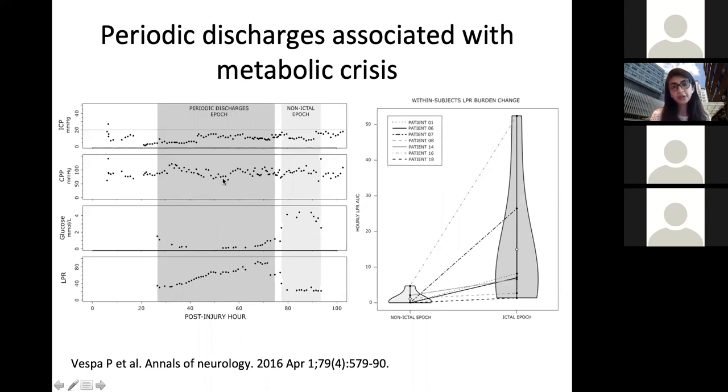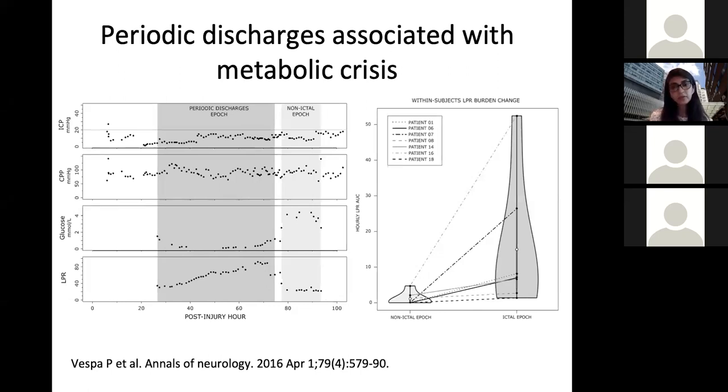What they found in this cohort of TBI patients is that during epochs where periodic discharges were noticed on the EEG, there was a drop in brain glucose and an increase in the brain lactate pyruvate ratio. And during non-ictal epochs, when there were no periodic discharges, there was an improvement in the brain glucose and a reduction in the brain lactate pyruvate ratio. So again, suggesting that there is some secondary brain injury, increased brain metabolism, that is seen in association with periodic patterns.